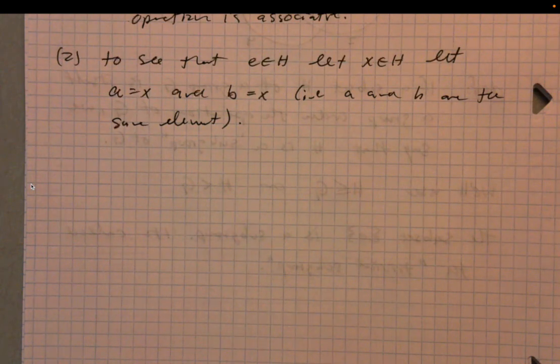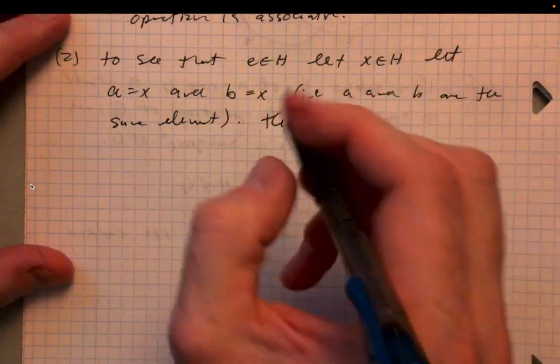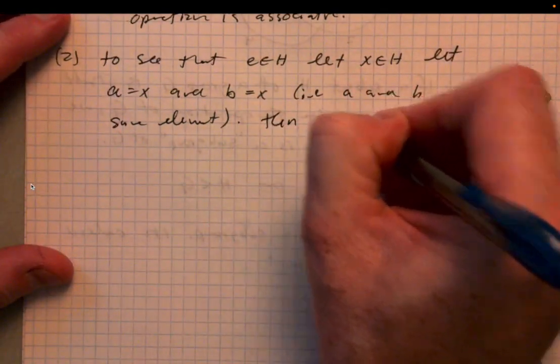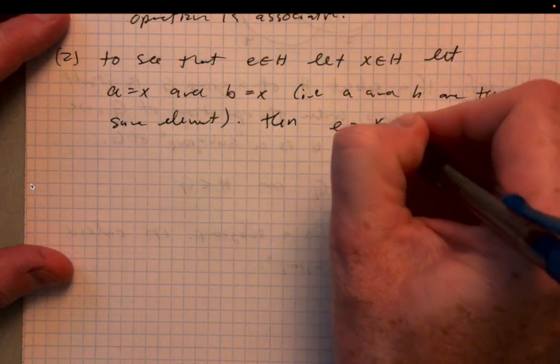We'll see that just assuming this is enough to show that E is in there. So then E is equal to X times X inverse.